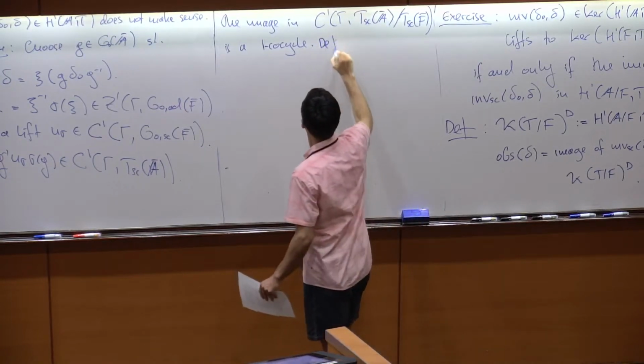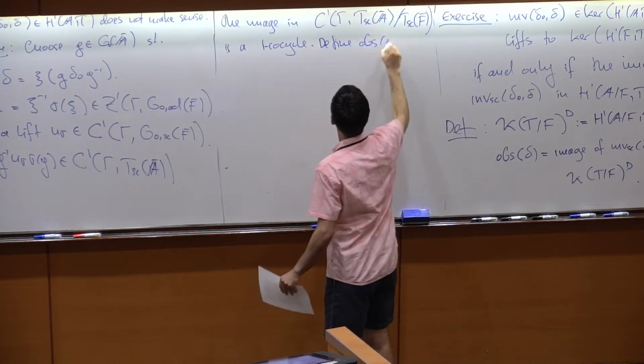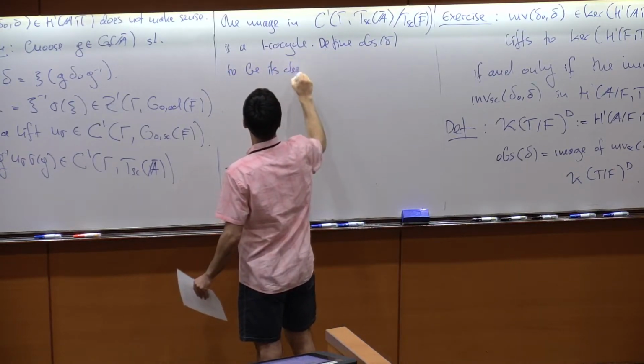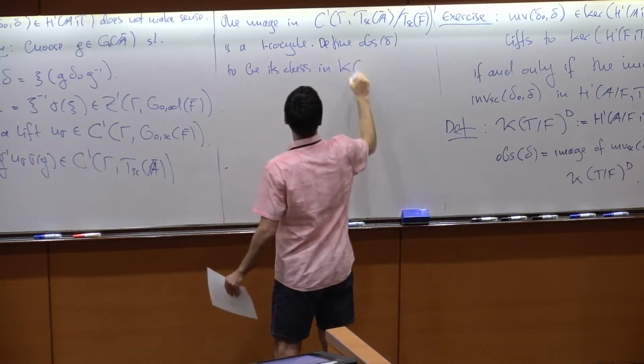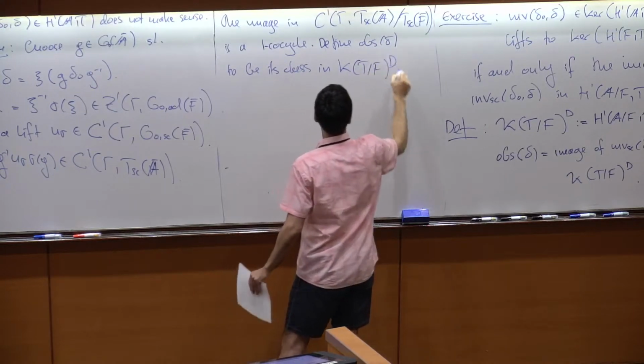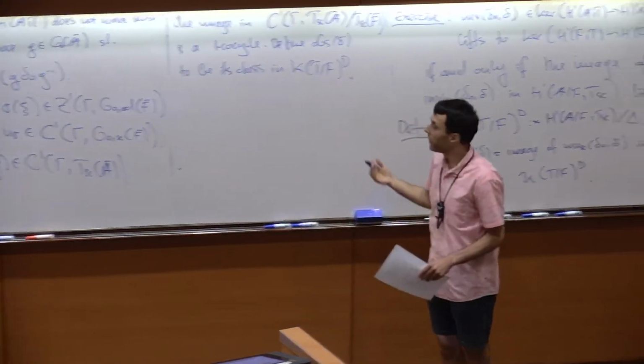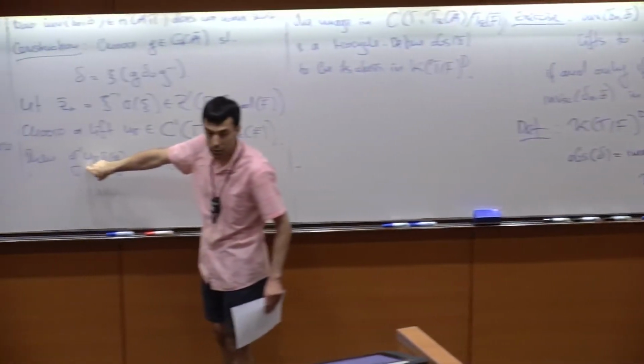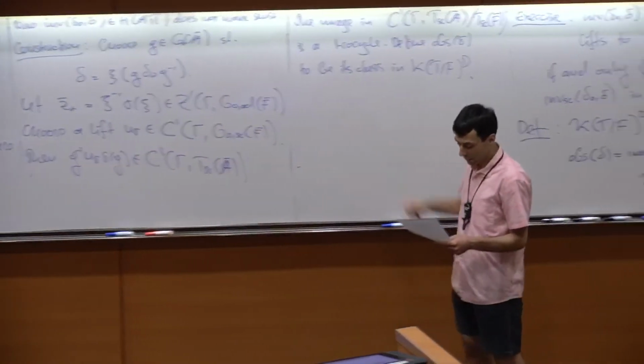So define ops delta to be its class in kappa T over F D. So this ops delta depends neither on G nor on U sigma. It's just independent of everything.